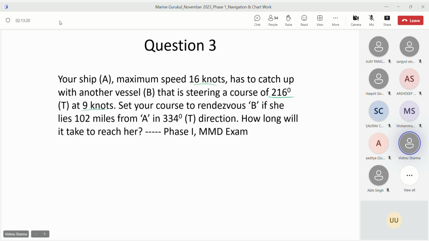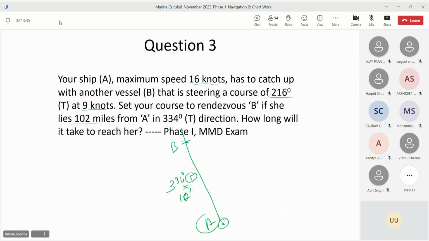Set your course to rendezvous with B if she lies 102 miles from A in the direction of 334 degrees true. That means you can be here, then the target is in this direction at a distance of 102 miles away. Target is at B, then you'll get the target position like this.